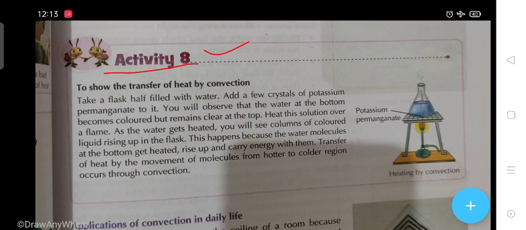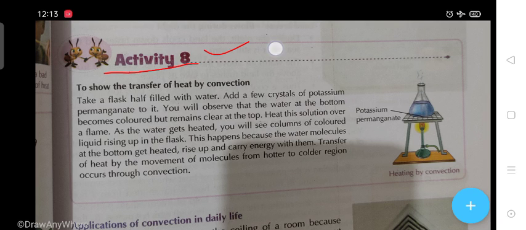Heat this solution over a flame. As the water gets heated, you will see columns of colored liquid rising up in the flask. This happens because the water molecules at the bottom get heated, rise up and carry energy with them. Transfer of heat by the movement of molecules from hotter to colder regions occurs through convection.